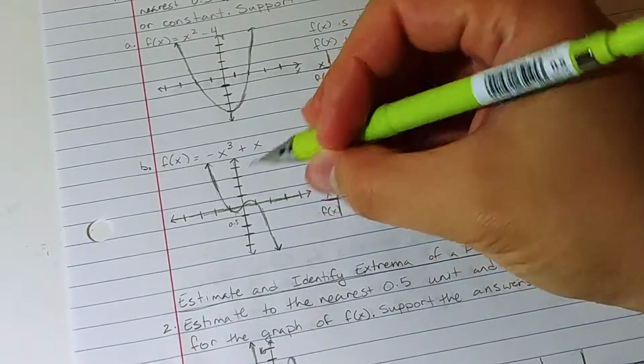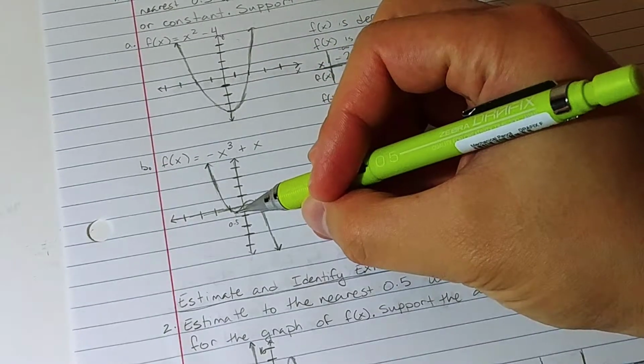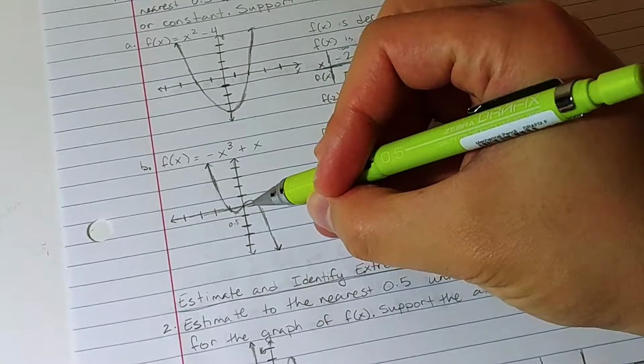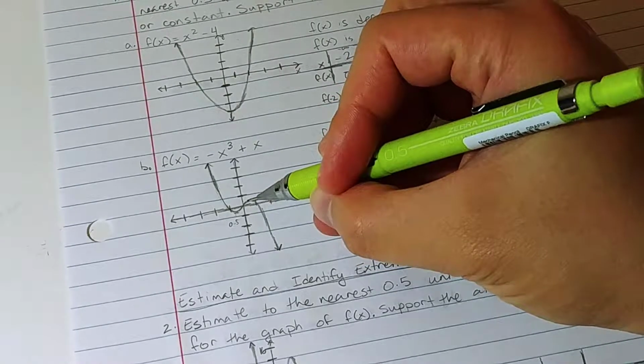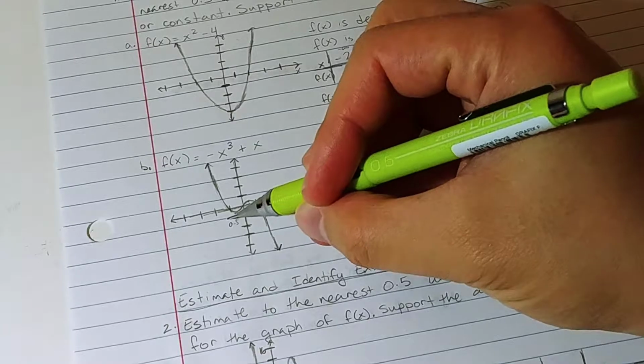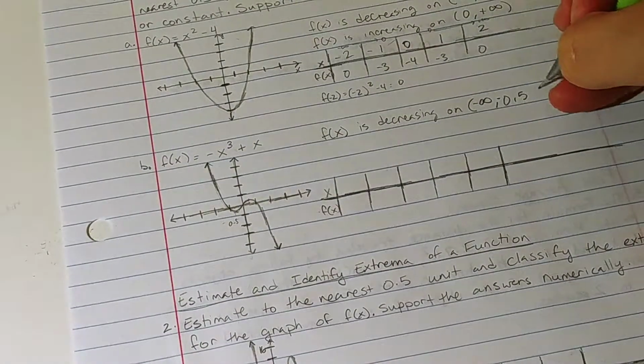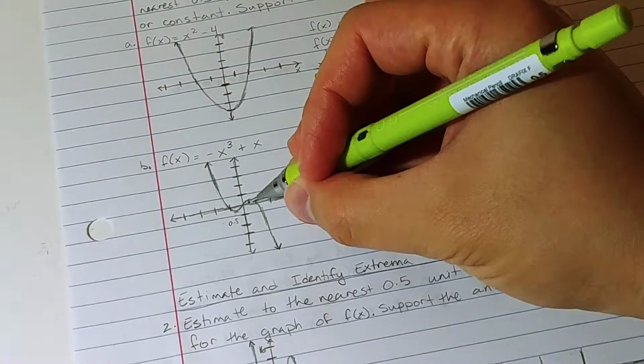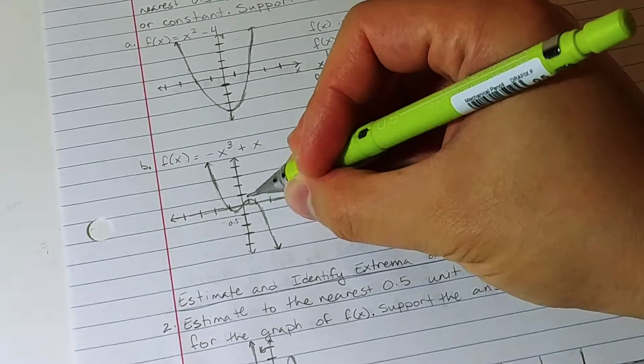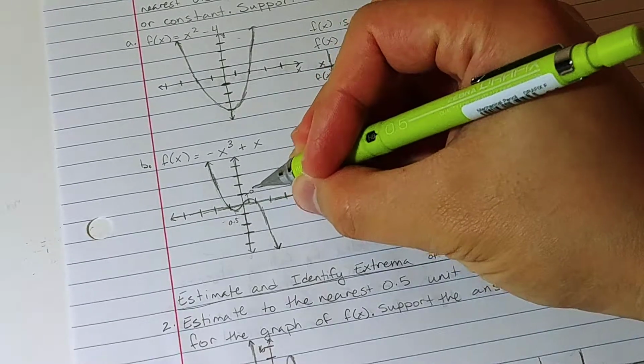And then we want to keep on tracing the graph with our pencil. And notice how it goes up from there, but then it stops right here. Oh, sorry, that's negative 0.5. And what is this point right here? 0, 1, so this must be negative 0.5.